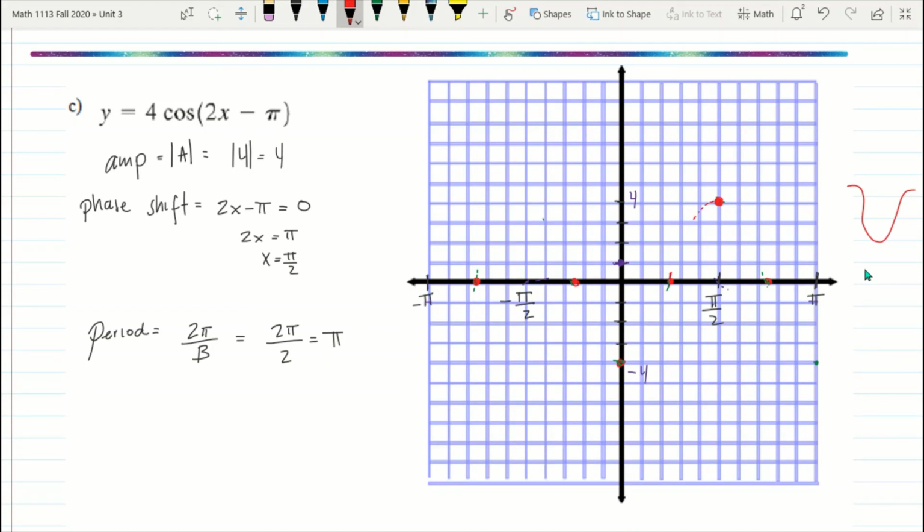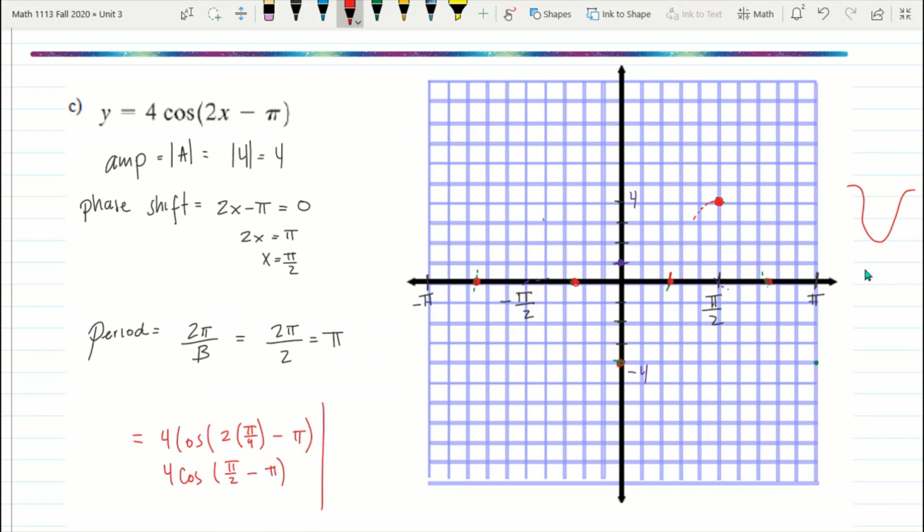So if we plug in a pi over 4 inside of the parentheses, and let's just show it so that we can see what's going on. This is cosine of 2 times pi over 4. So we have 4 times cosine of pi over 2 minus pi.